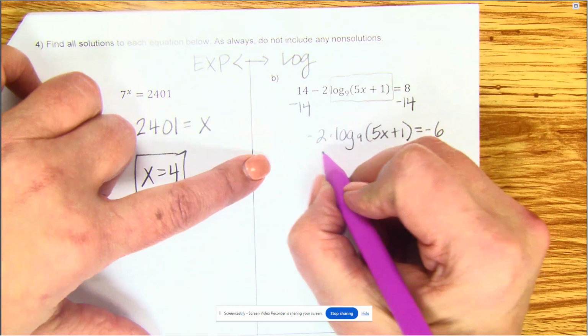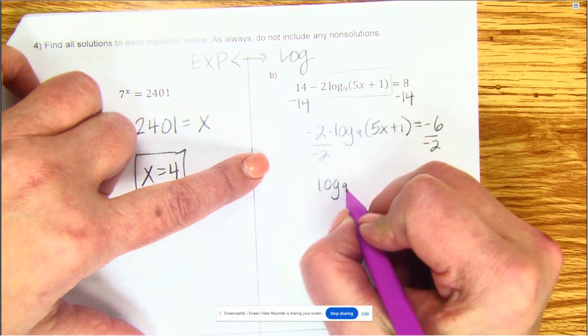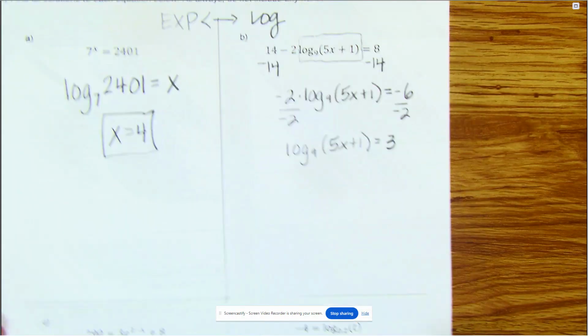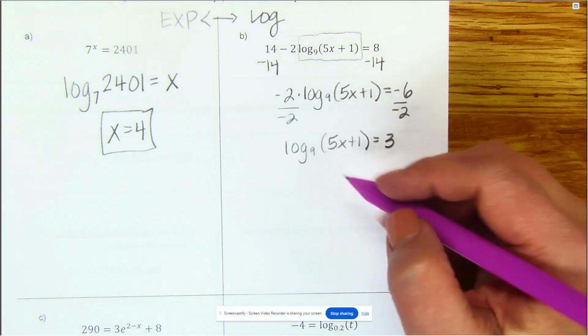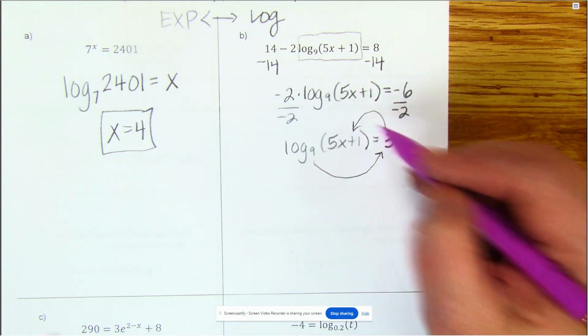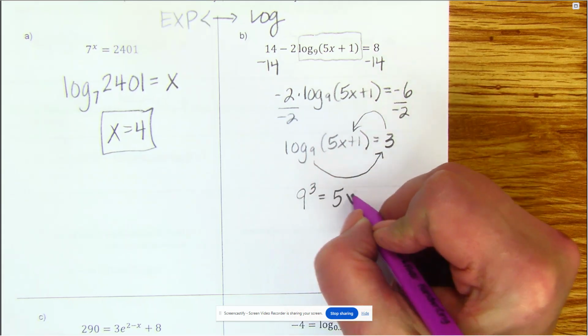Divide both sides by -2. Log base 9 of 5x plus 1 equals 3. Now my log expression is isolated. Now I'm going to convert it to an exponential. 9 to the third is 5x plus 1.